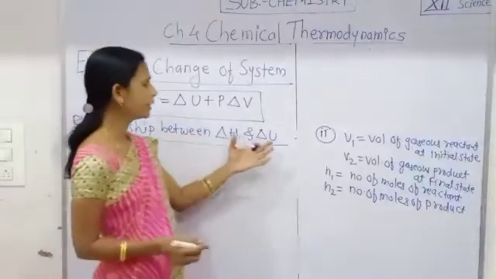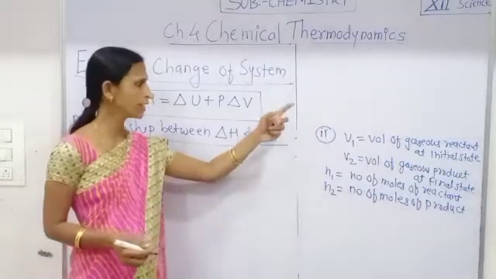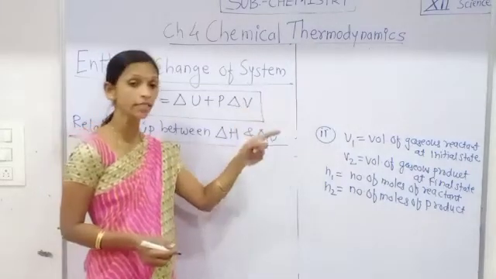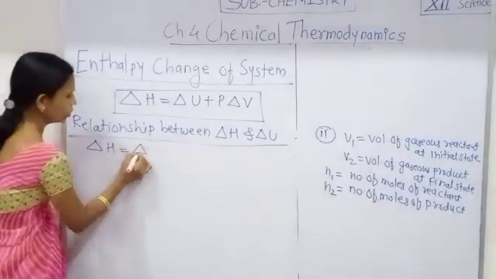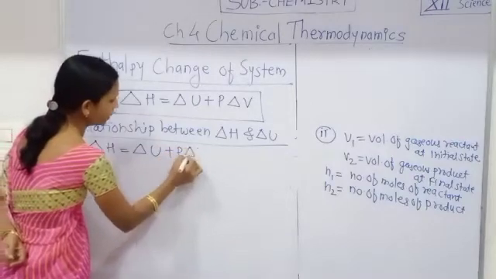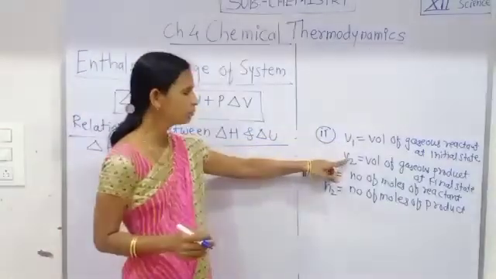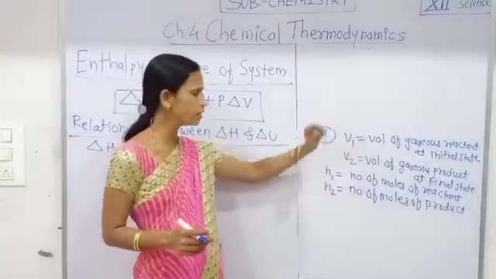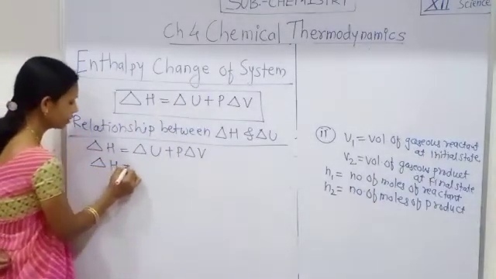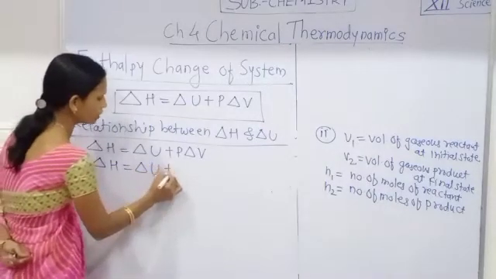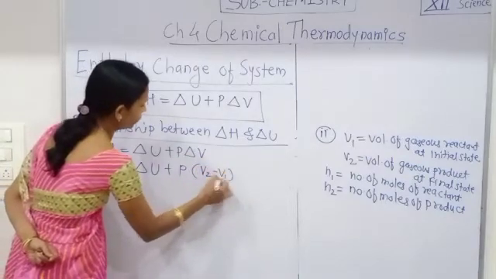And then we can get the relationship between delta H and delta U for reactions of gaseous substances. See here, delta H is equal to delta U plus P delta V. But there is a change in volume of gaseous substances in the system. Therefore we can write delta H is equal to delta U plus P into delta V, that is V2 minus V1.